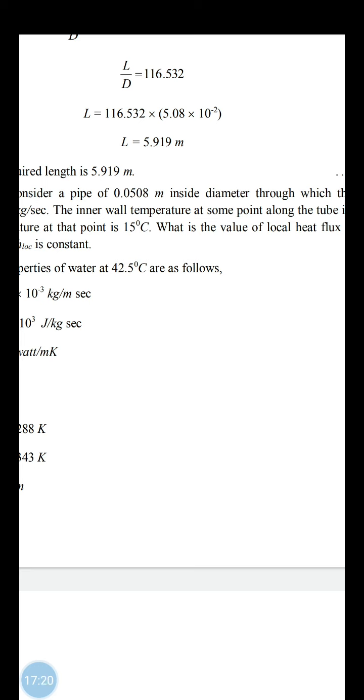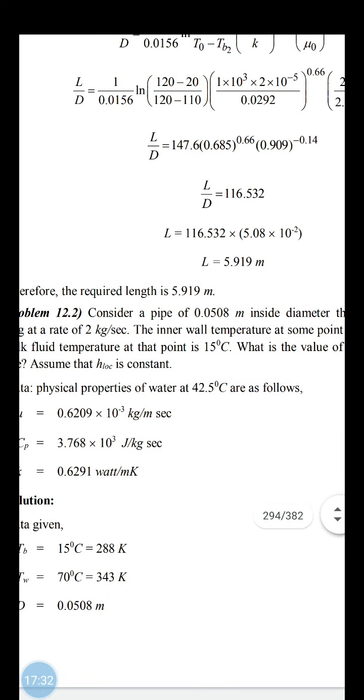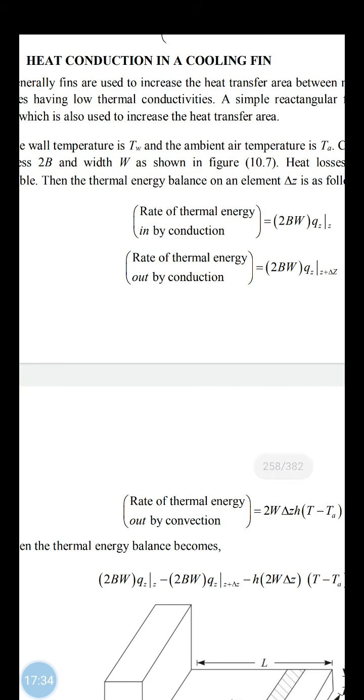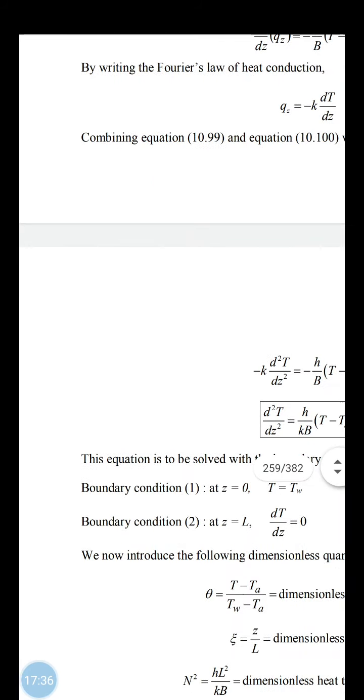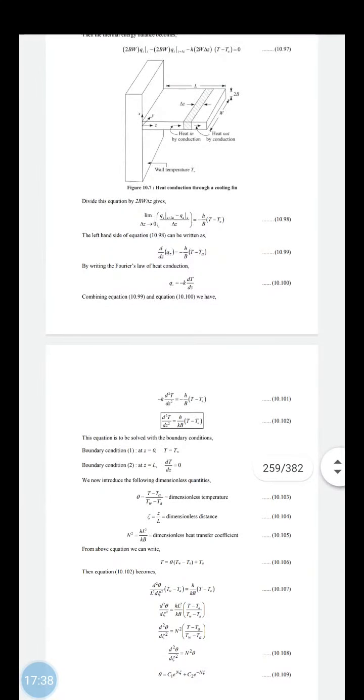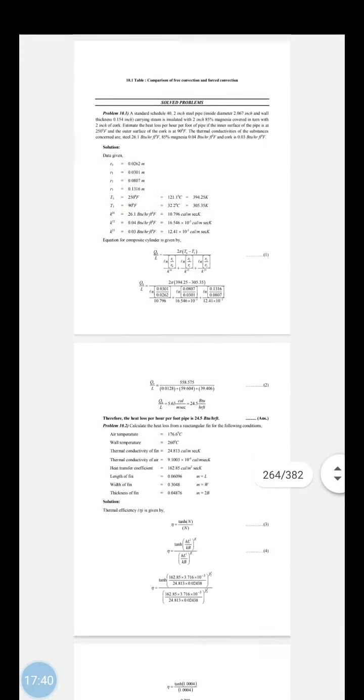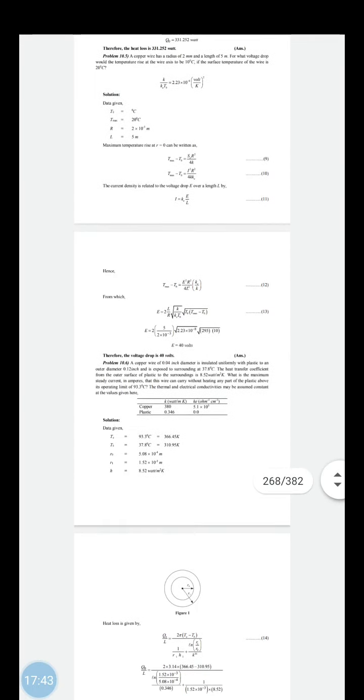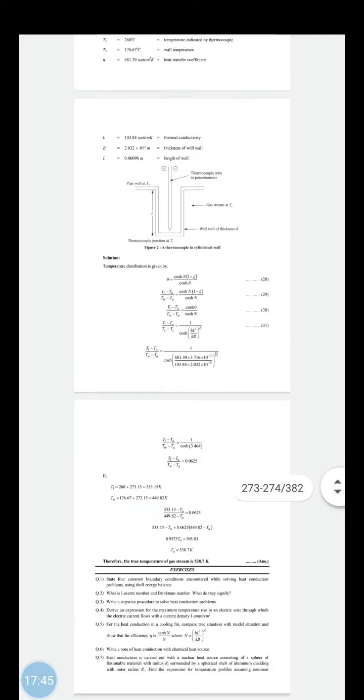What is the value of local heat flux at the wall surface, assuming h local is constant? The values of the physical properties of water, μ, Cp bar and the value of k, are given.